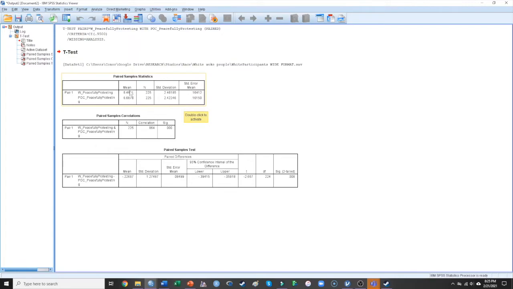If we're looking at this, that's a difference of about 0.2, and our standard deviation is 2.5. So the Cohen's d here is about 0.1 standard deviations. And so this is not a very large difference, but we would say based on the statistics here that this is a statistically significant difference.